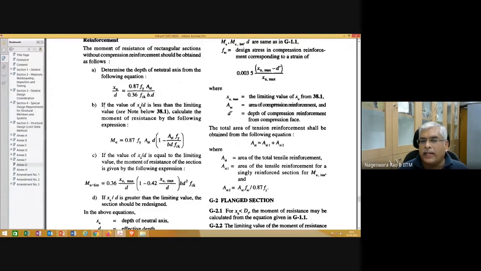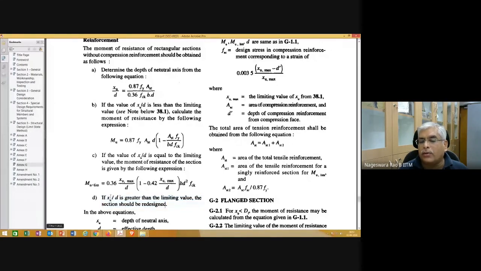We discussed if XU divided by D is less than the limiting value, and if it is equal to the limiting value. And what about if it is greater than the limiting value? Then as per working stress method, it can be classified as an over reinforced section, but here over reinforced sections are not allowed.